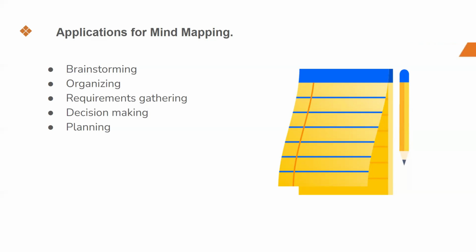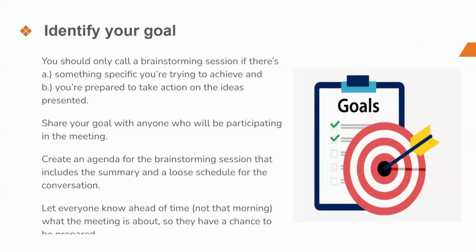You have to put that on your paper and then visit your mind map, which will give you the idea of how to go into the future and how you can plan the whole project around. Okay, so this is the main idea here: to identify the goals.